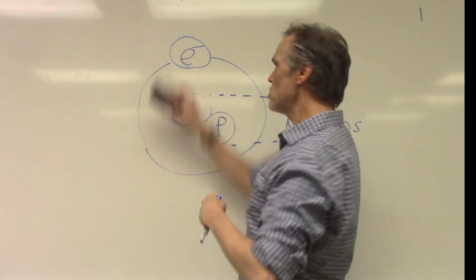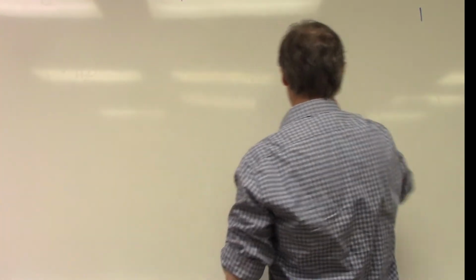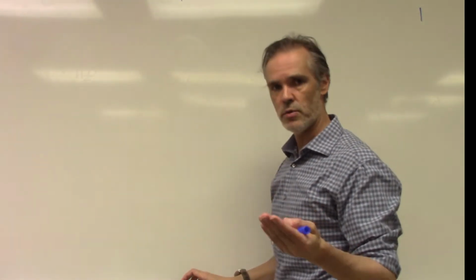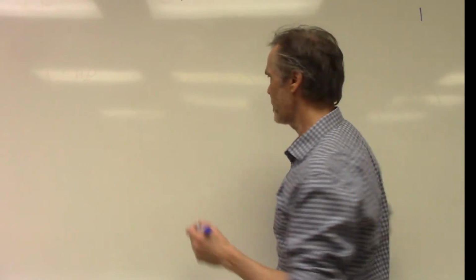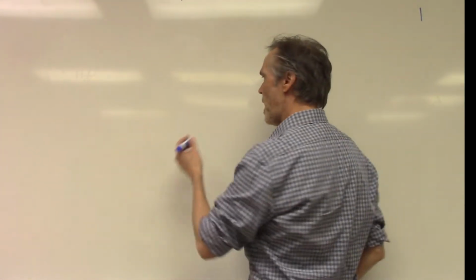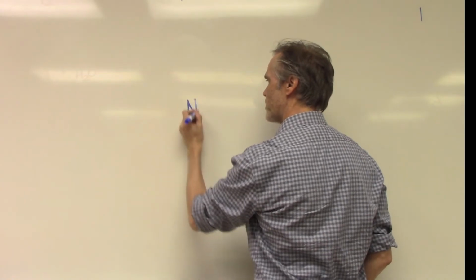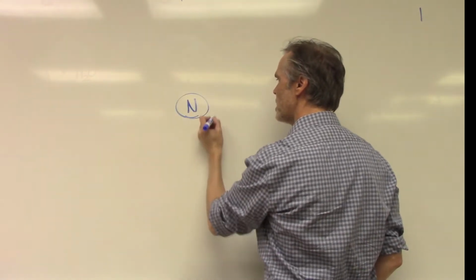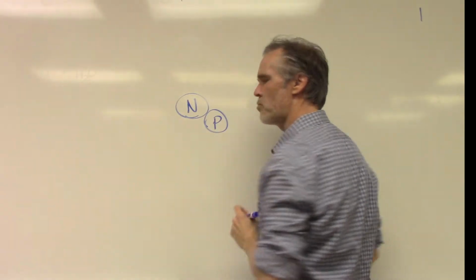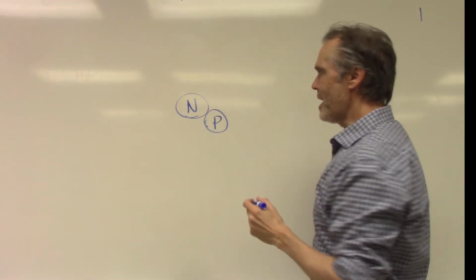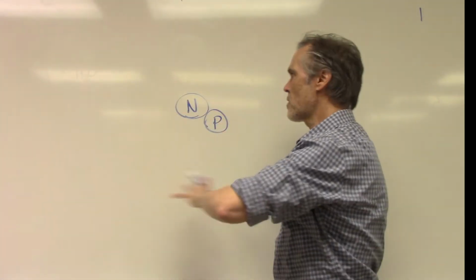So I'm going to erase this and draw something that's probably more accurate of what an atom would look like. Let's go back to the nucleus. In the nucleus we have the neutrons, and let's say I do have a proton there, right? And we know that the electron is somewhere around here.